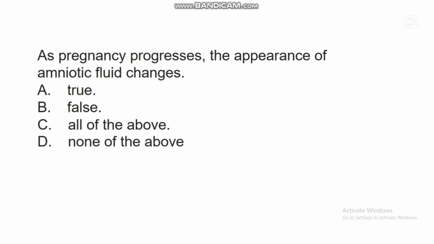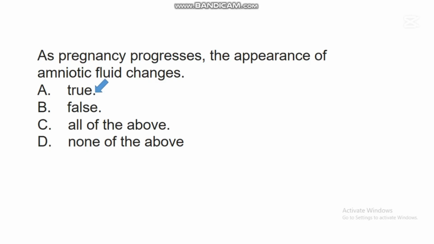The next question says, as pregnancy progresses, the appearance of amniotic fluid changes. A. True. B. False. C. All of the above. D. None of the above. In this question, the correct answer is A. True.